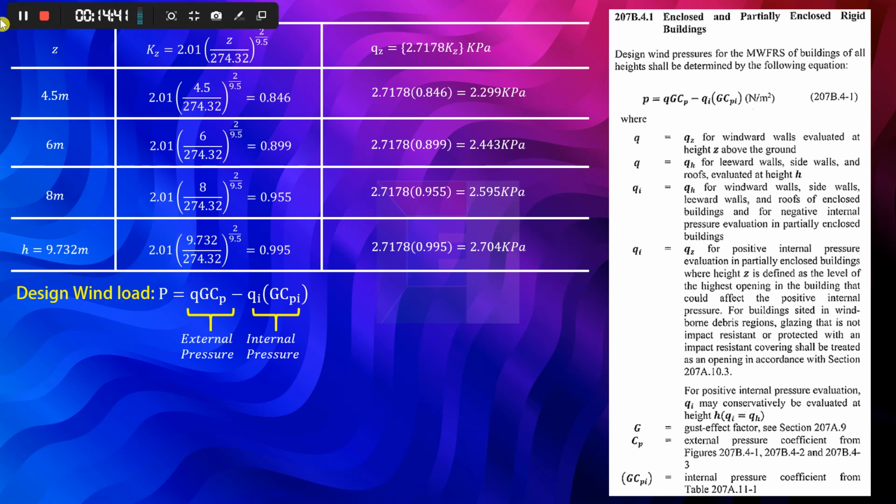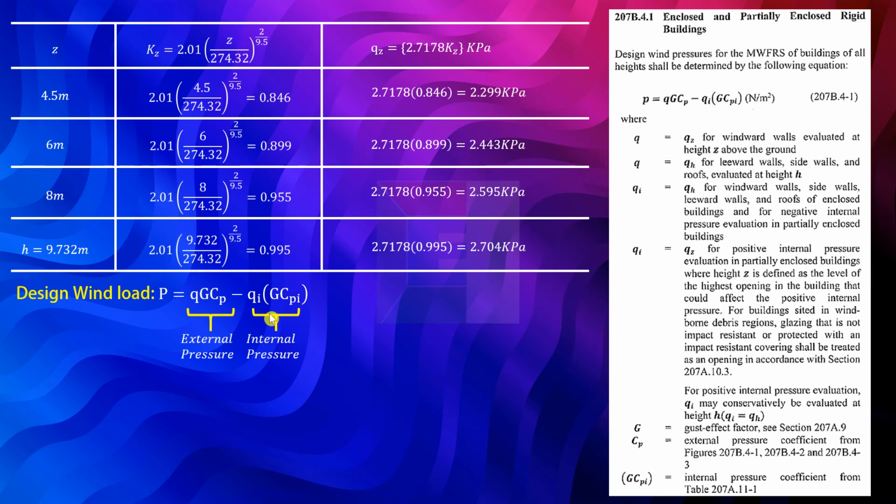So under dito sa NSCP 2015, so under dito sa 207 B.4.1 for enclosed and partially closed rigid building. So yung design wind pressure for the MWFRS of buildings of all heights shall be determined by the following equations. So ito yan.